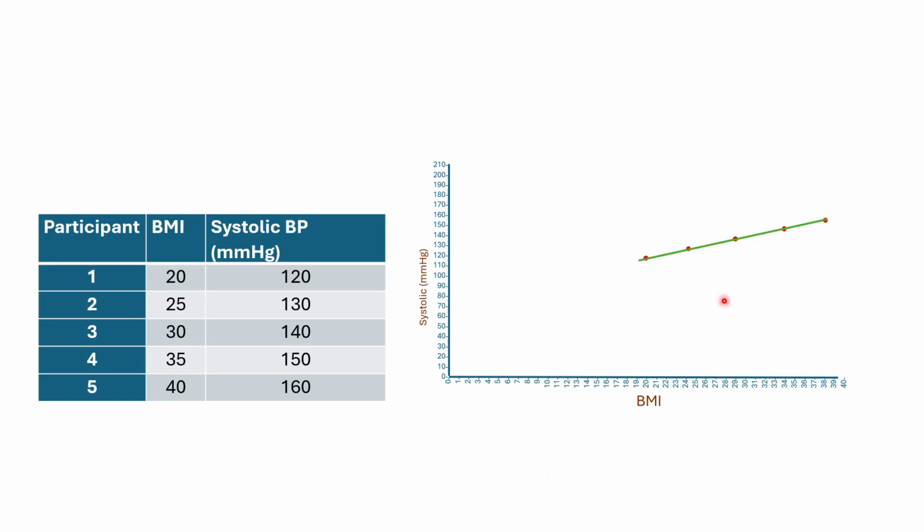And if we extend this line further backward, it connects to the vertical axis at 80 millimeters of mercury. This represents the theoretical blood pressure when the BMI is 0. That point is called the intercept or beta naught, which in this case is 80. It is in fact the baseline or the starting value of systolic blood pressure at BMI 0.